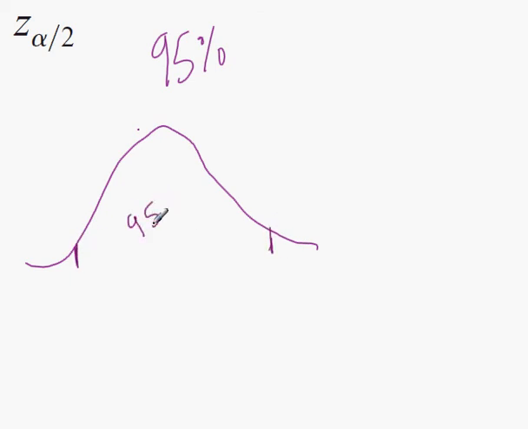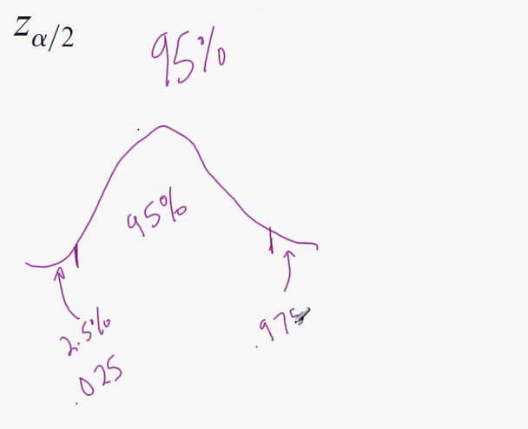These are like questions that we had before, which means that over here we're going to have 2.5%, which in the table would be 0.025, or you could have the 2.5% up here, which would be 0.975.